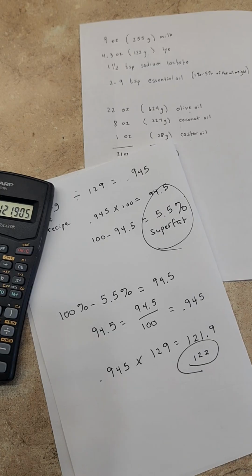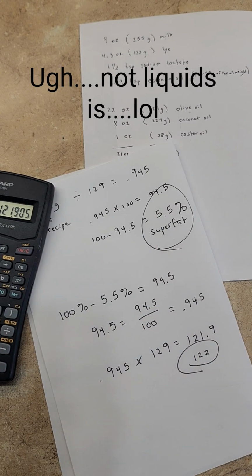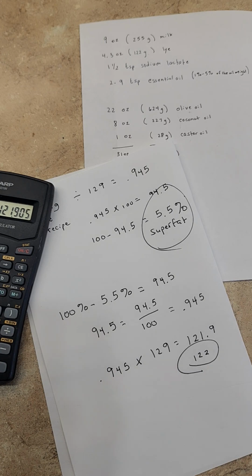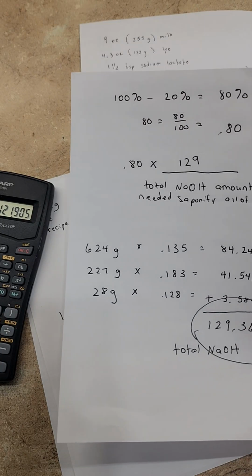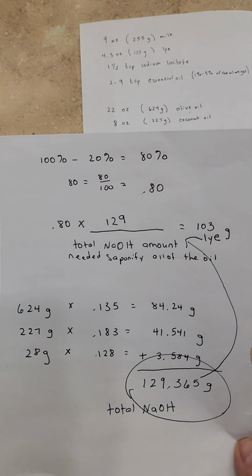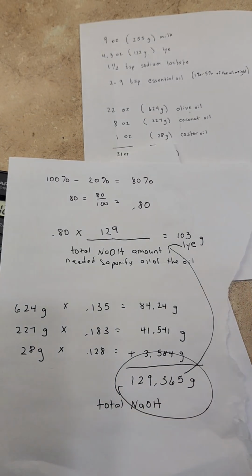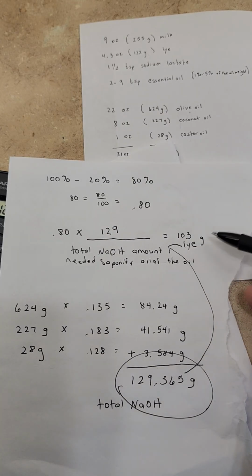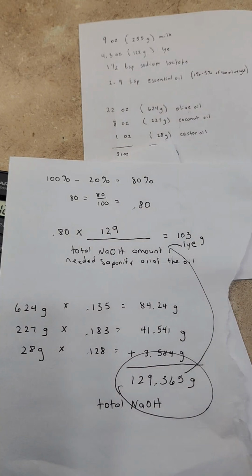Now, the one thing you want to keep in mind when you make any changes to your recipe is that you want to make sure that your liquids are still within the parameters of being 2 to 3 times the weight of the lye. So when I recalculated my recipe to be 20%, my new amount was 103 instead of 122.